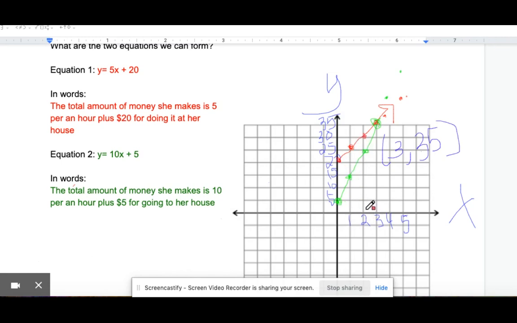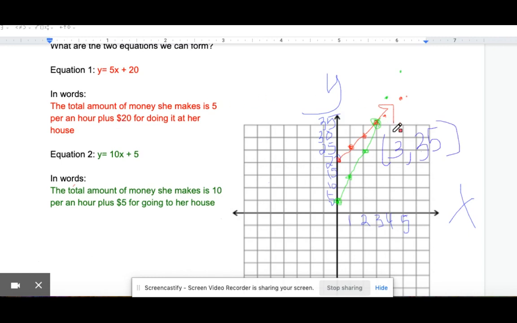And then after 2 hours, still the green one's cheaper. It's only $25 versus $30 in the red situation. But after 3 hours, they cost the same. So at 3 hours, they both cost $35. Whether she watches them at my house or at her house, it doesn't matter.